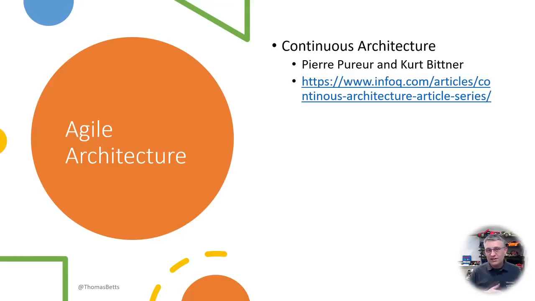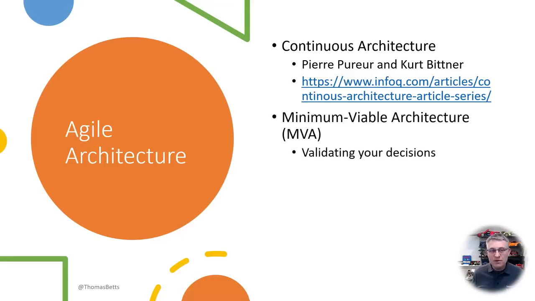One idea that's discussed in those articles is the minimum viable architecture. The MVA is the architecture that supports your MVP, minimum viable product. You make your design decisions, but with the idea that those decisions are just what you need right now. And you know they're going to change.